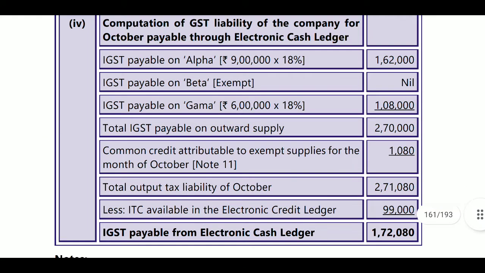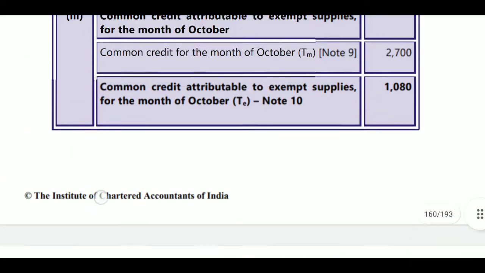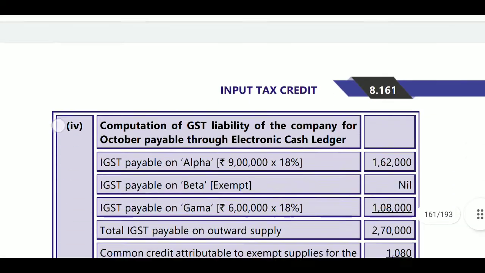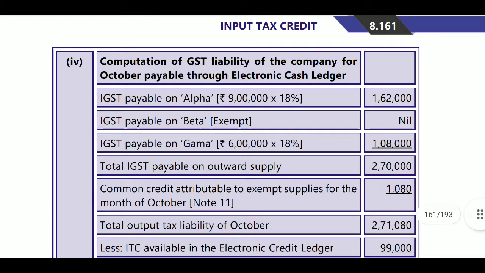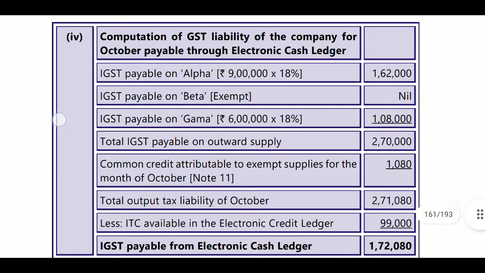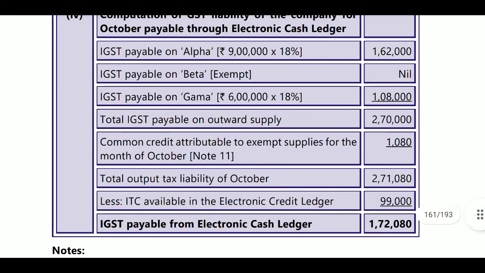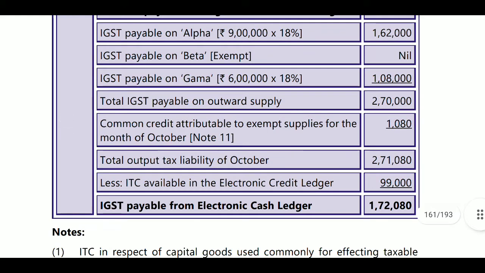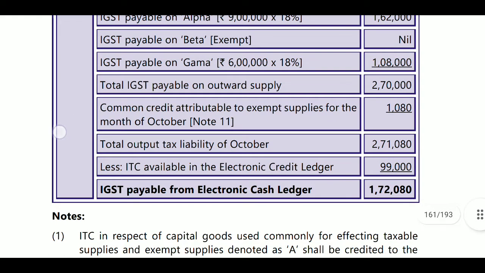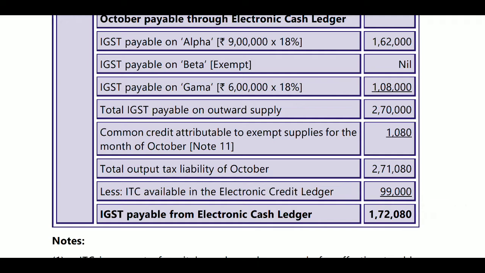Next, IGST payable: alpha will be payable on 9 lakhs, beta will be exempted, 10 lakhs, and 9 lakhs plus 10 lakhs plus 6 lakhs is 25 lakhs. Here we will take 25 lakhs. Next, 18% on 6 lakhs is 1,08,000. Total IGST payable on outward supplies is 2,70,000. And common credit attributable to exempt supplies for the month of October is 1,080 rupees.